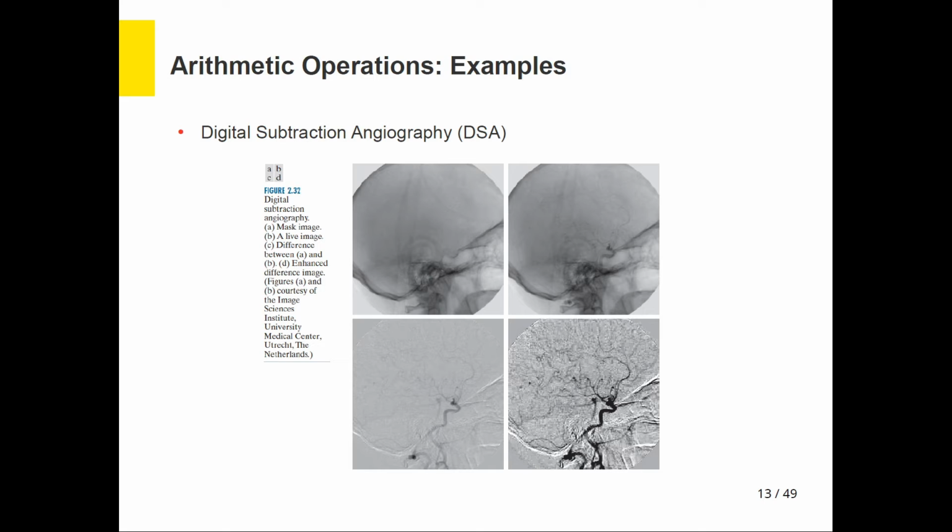This contrast agent will move through the blood vessels, and if we calculate the difference of this image with the original reference image, we can see how the contrast agent is moving inside the vasculature. We can further enhance the difference by some technique that I will discuss later to get a much better representation of the vasculature in the patient.